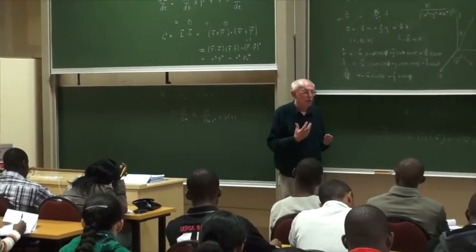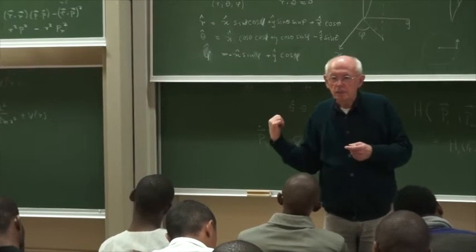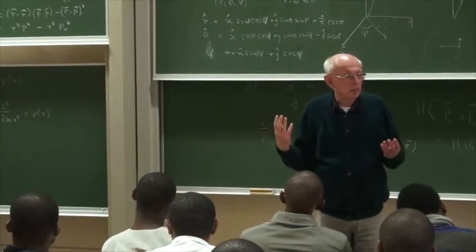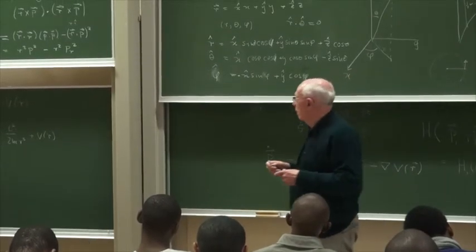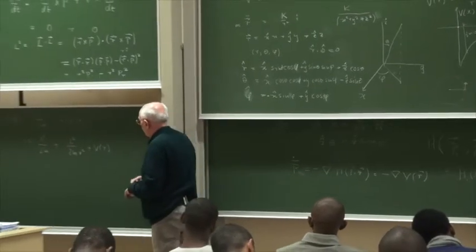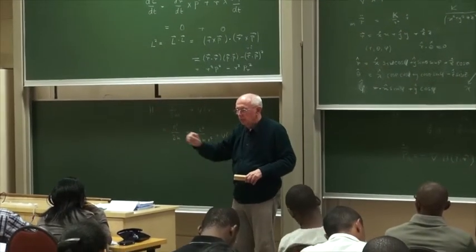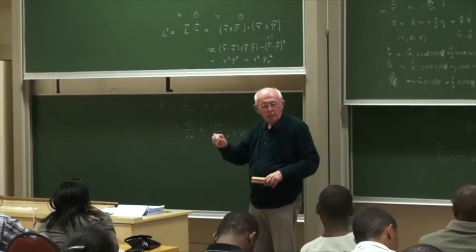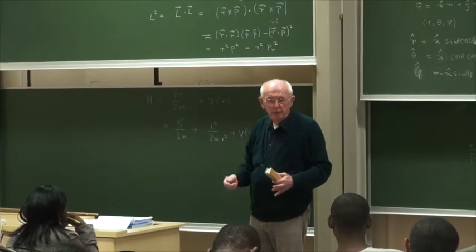But L is a conserved quantity. So if I know what L is, I just put it in there and it stays the same all the time. And so I have a very, very simple problem now, in that I'm looking at a motion in one direction and in a new potential.